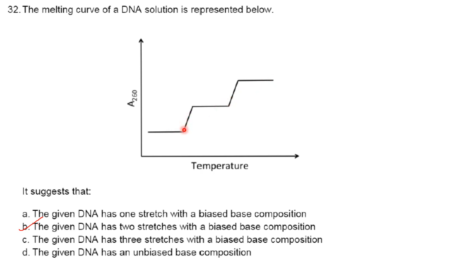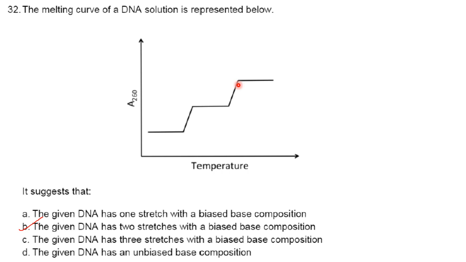Now as the temperature increases there may be GC contents that start melting at higher temperatures. That is why we see this slant or slope.